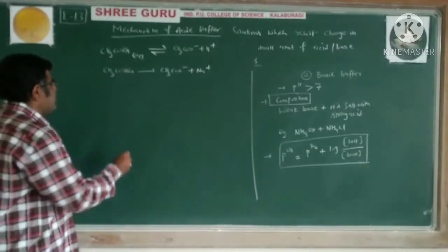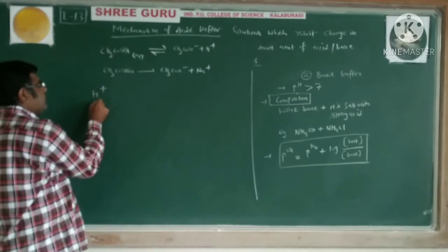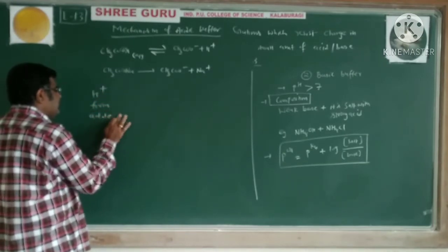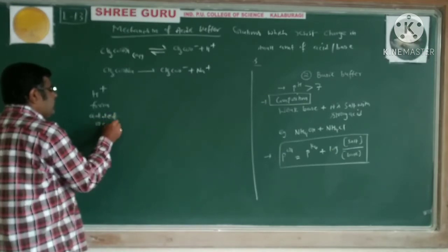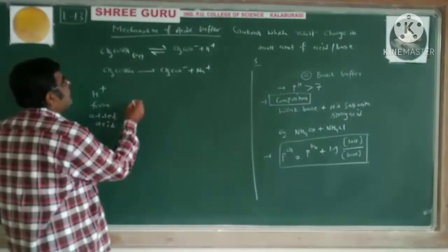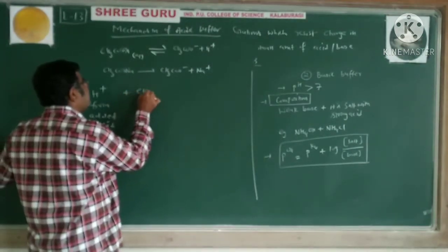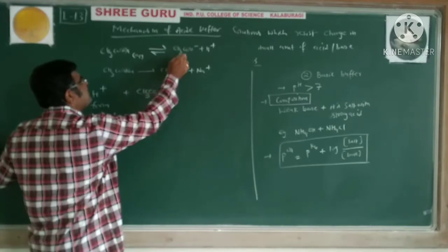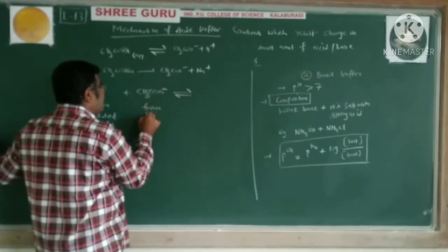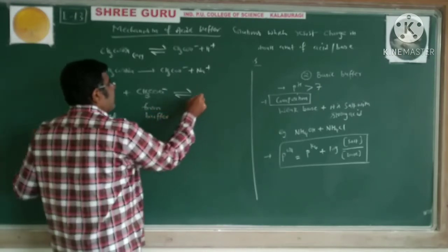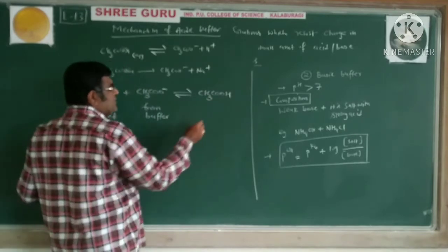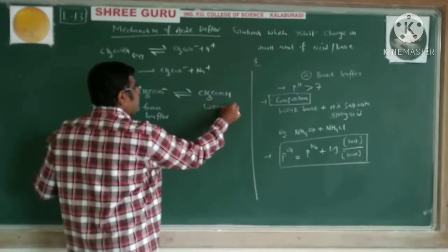Now if we add H plus ion into it from an added acid, the H plus ion released by that acid combines with the acetate ion from the buffer and forms CH3COOH, which is a weak acid.